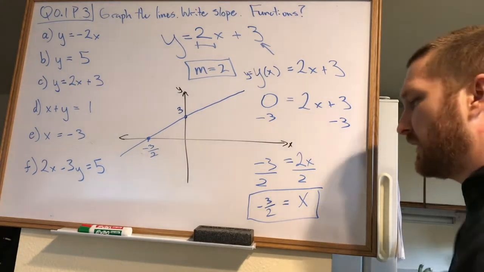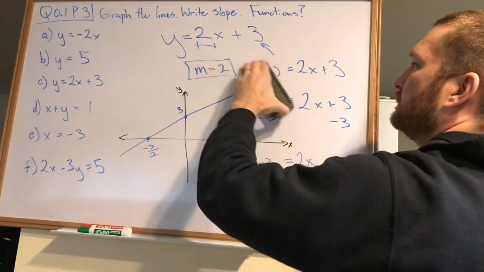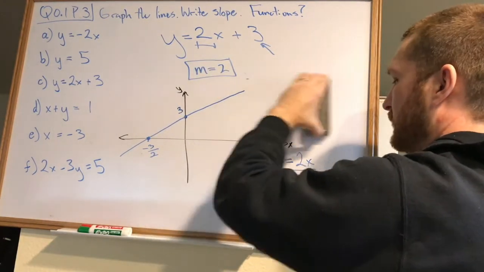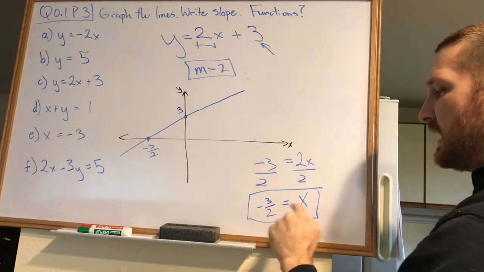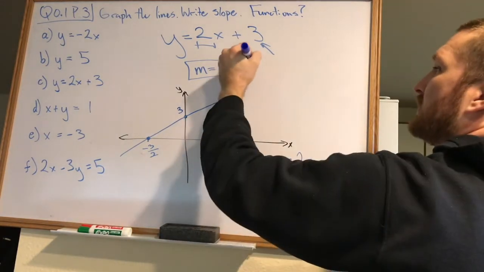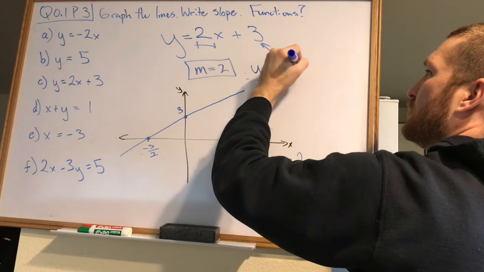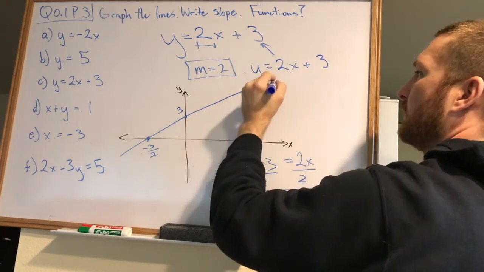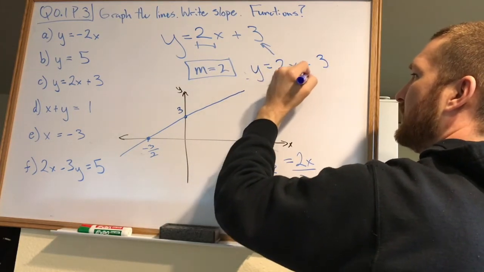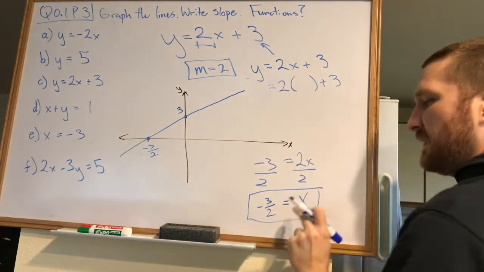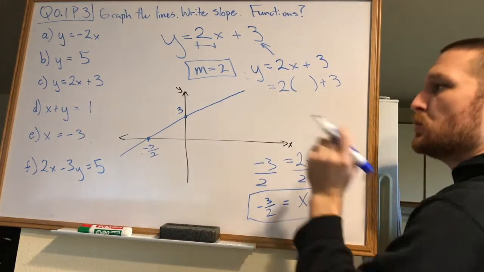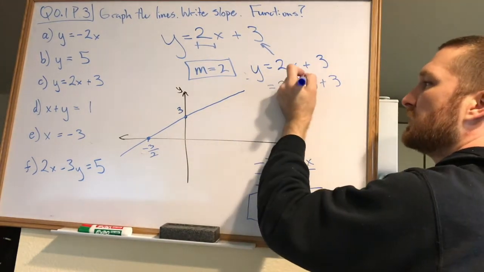So let's check that real quick. When I plug in an x of negative 3 halves into y equals 2x plus 3, you should get out a 0. Let's make sure that happens.